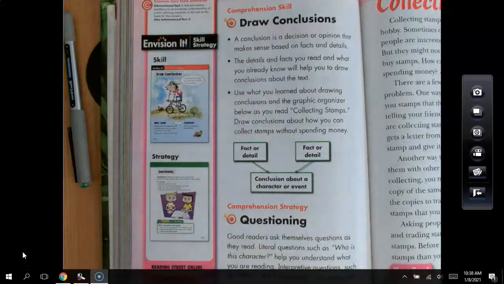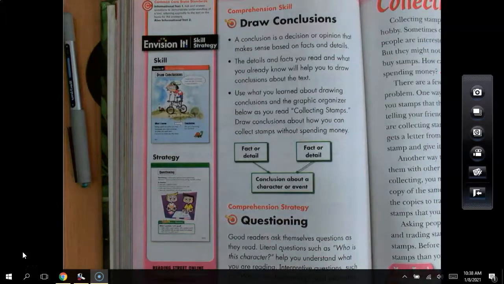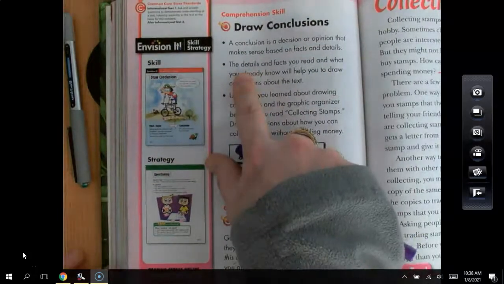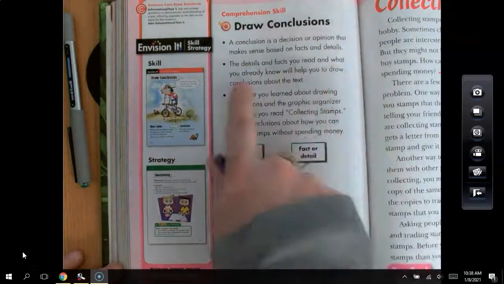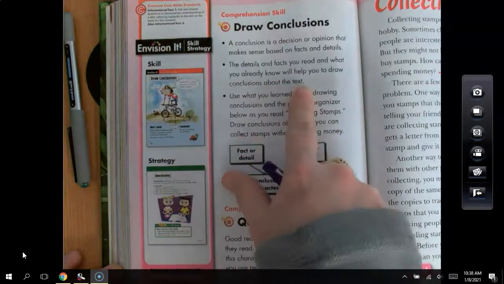So if you're reading a story, boys and girls, you draw conclusions based on what the author has already told you. Also, based on what you already know. Remember, we call that prior knowledge. Prior knowledge is information that we already know. The details and facts you read and what you already know will help you draw conclusions about the text.